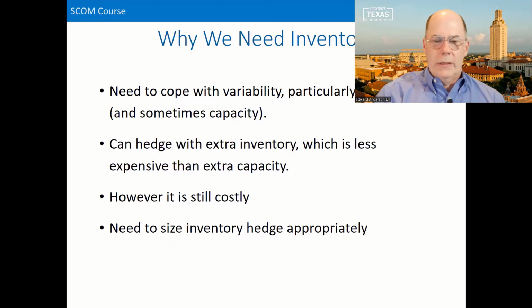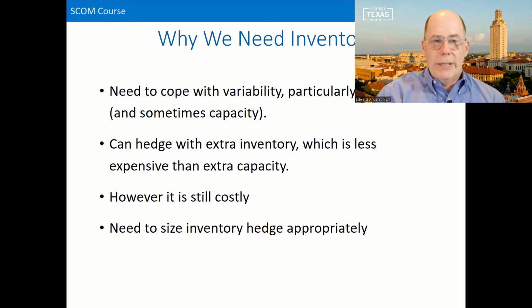Now, what we do effectively with an inventory is we create a buffer that will protect us against demand. Now, the question is how big do we really want that buffer to be?